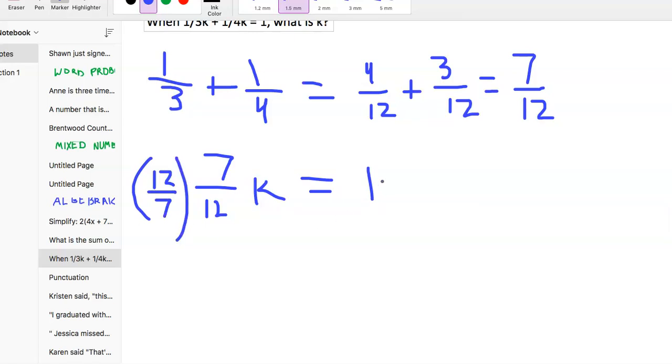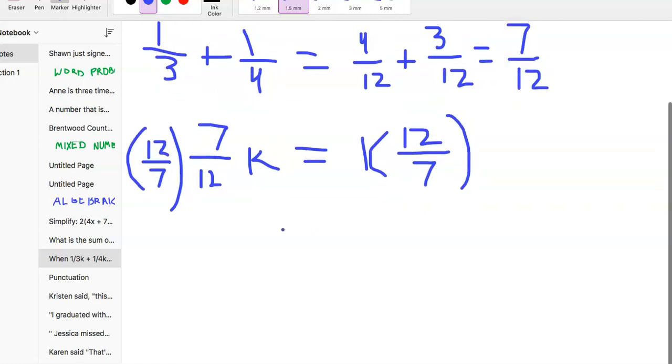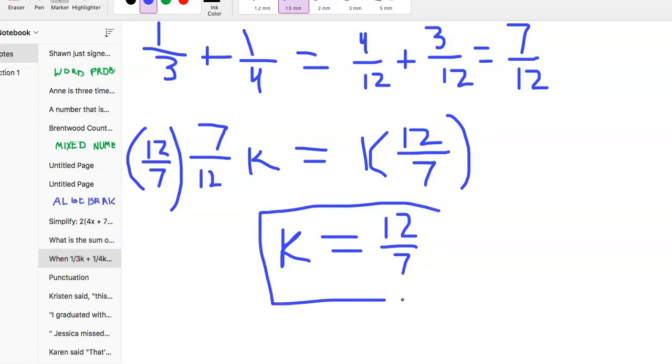Multiply by 12/7. You got to do it on both sides. 12/7 times 1 is just 12/7. So we're left with k equals 12 over 7.